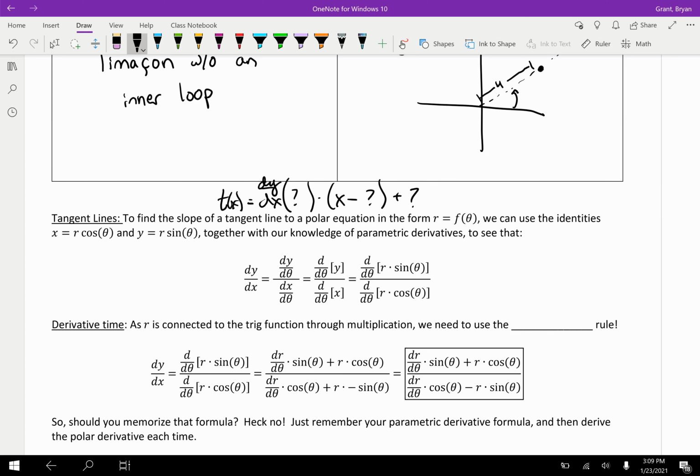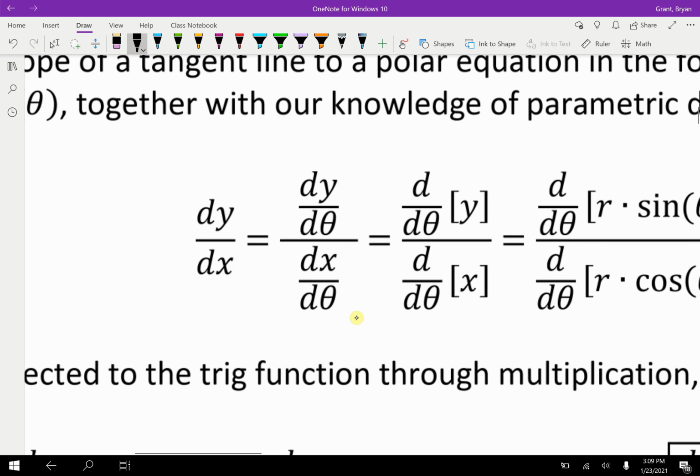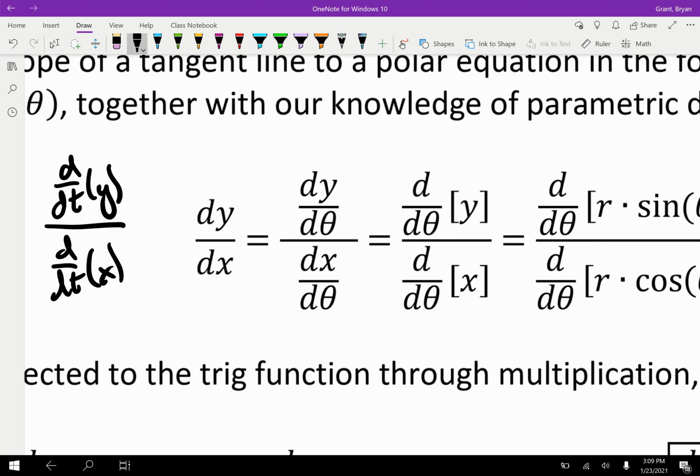Well, we're going to go back to our old friend parametric derivatives. Okay, and with parametric derivatives, we said to find dy dx, we did d dt of our equation of y, and then we did d dt of our equation of x, which would be great, except do we even have y and x equations for polar?